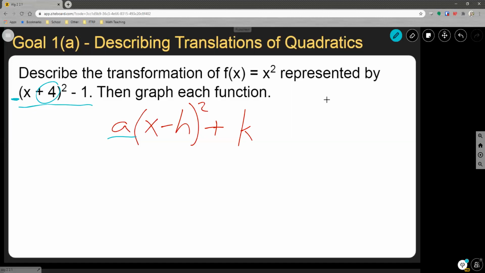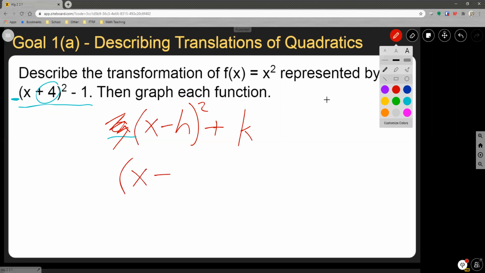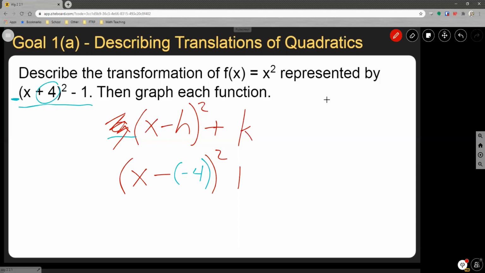So if I've got a plus 4 inside my parentheses with the x, that really means that I've got a negative 4. In other words, I don't have an a value, so I'm just going to get rid of that. My function, if I started writing it, would really be x minus, and then I could put my h value in there, negative 4, close the outer parentheses, put that square, and then I'd be at last adding my k value.